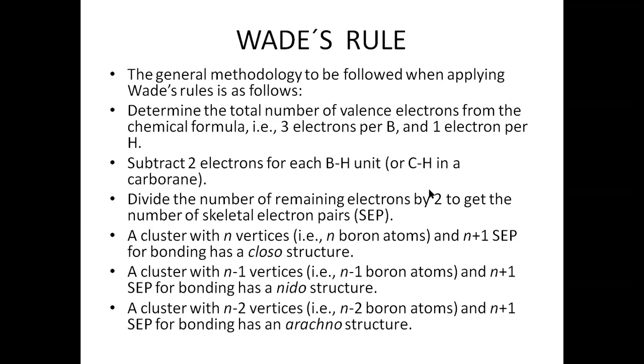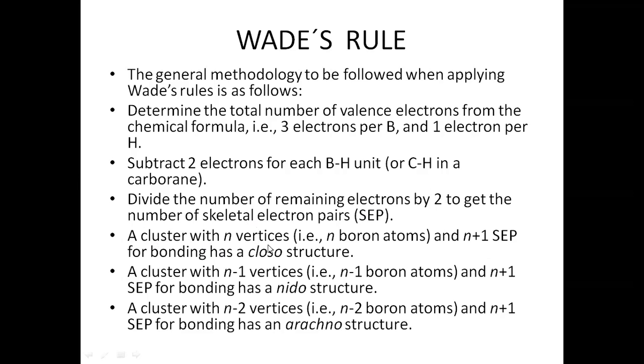So how can we get the SEP? SEP is equal to the total number of valence electrons minus 2 times the number of BH bonds, divided by 2. SEP means skeletal electron pairs. In a cluster we have n vertices.